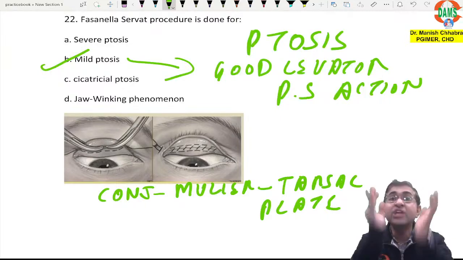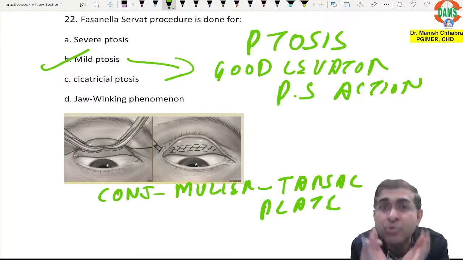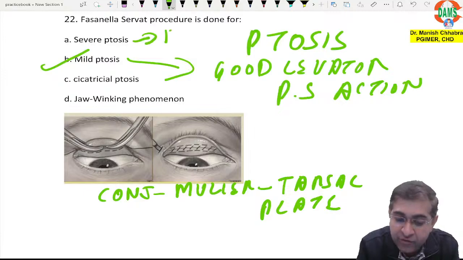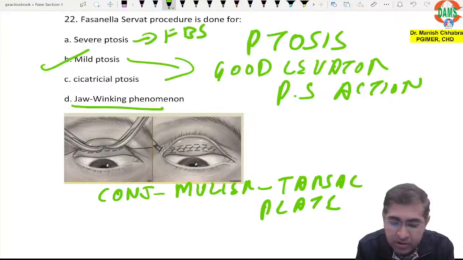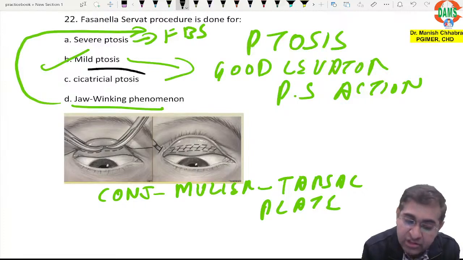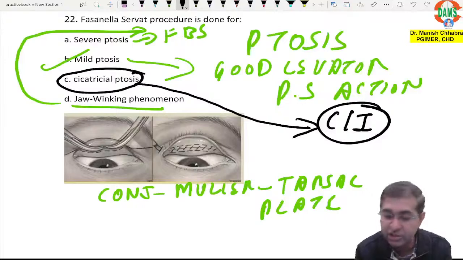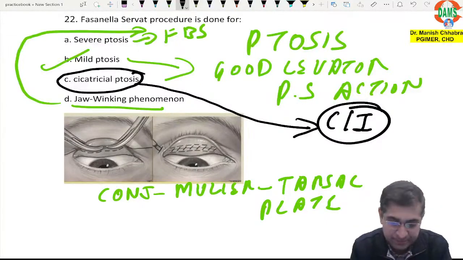If there is severe ptosis, the patient has very poor LPS action, so you go for frontalis sling surgery. Even in jaw-winking syndrome, you go for frontalis sling surgery. Fasanella-Servat is contraindicated in cicatricial ptosis, meaning post-scarring ptosis.